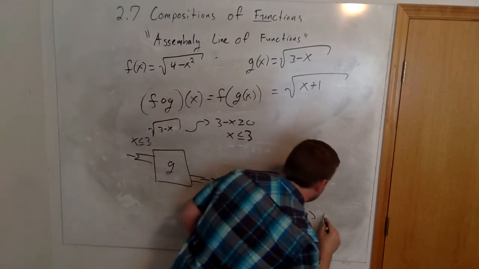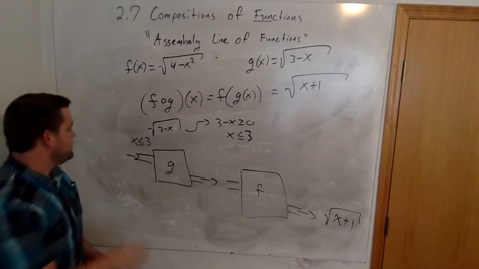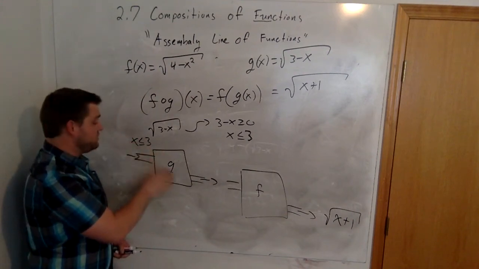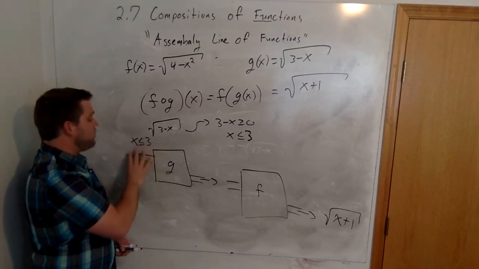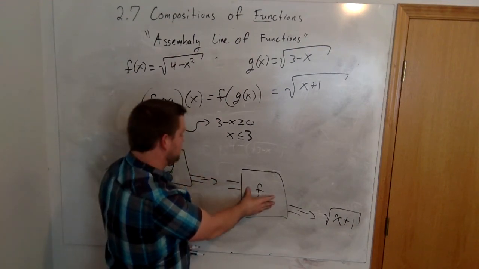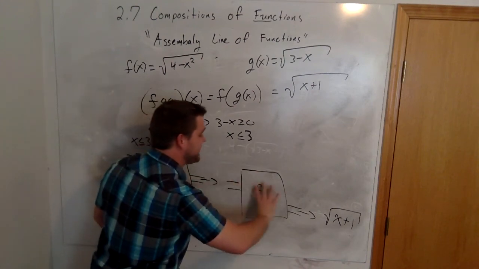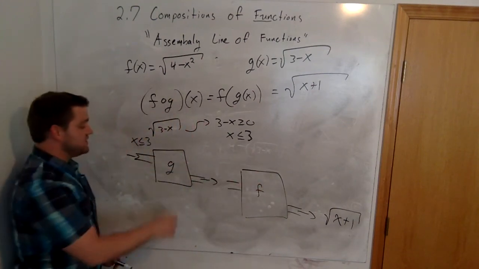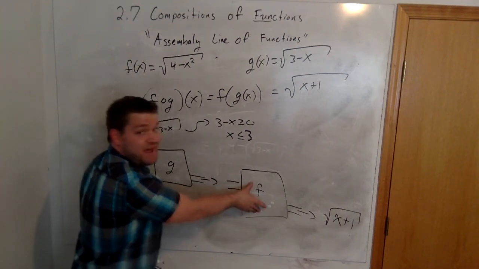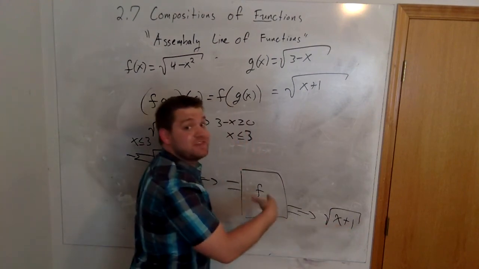The end result spits out the square root of x plus 1. So what I did here is make sure that what I plugged into g was able to be accepted. Now when things are being plugged into g, the outputs are being plugged into f. I have to make sure the outputs of g are accepted into f. How do I check that? I'm just going to look at the domain of the end result.